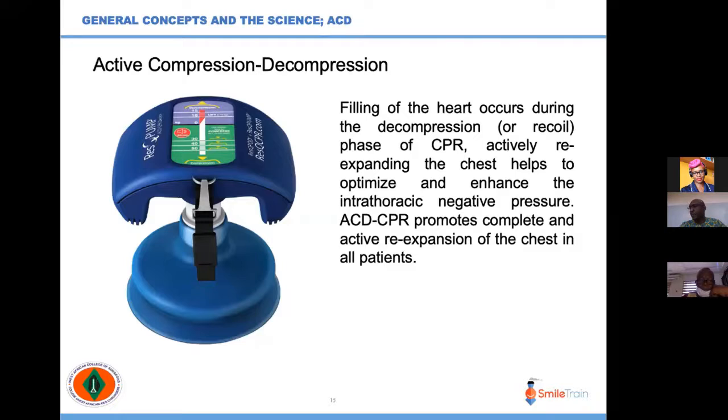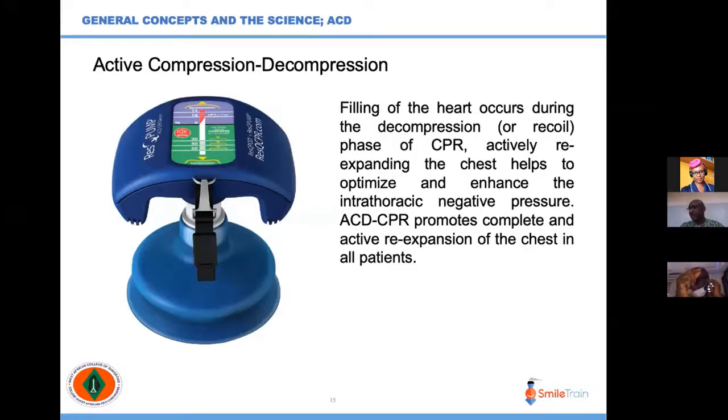Recoil may be compromised due to various causes like poor chest compliance, excessive fat, or a rescuer leaning on the chest. So those things can disturb the negative and positive pressures, which are so crucial to preload and output.